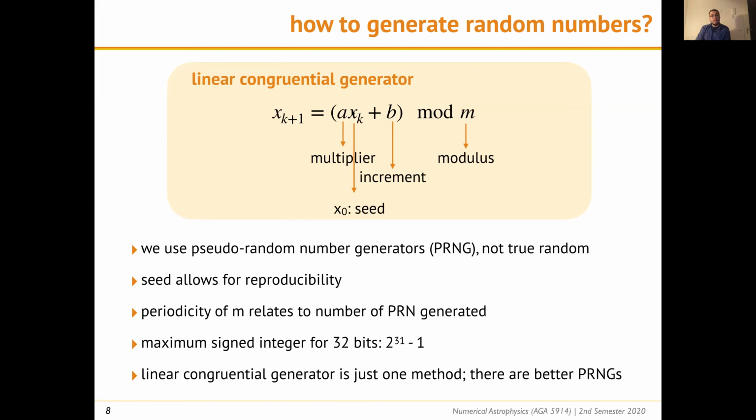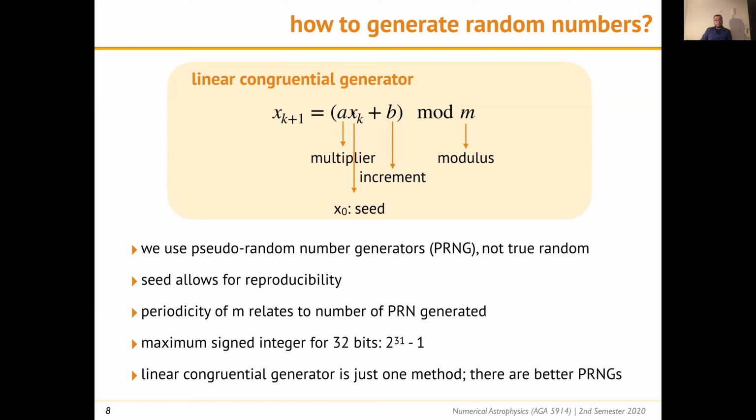If you run your simulation and I run mine with different seeds, they will probably be statistically compatible with each other if the sample is large enough. But if we use the same seed, they're going to be exactly the same distribution. So whenever you're doing a Monte Carlo simulation, if you want your results to be fully reproducible, you have to write down what seed you're using.